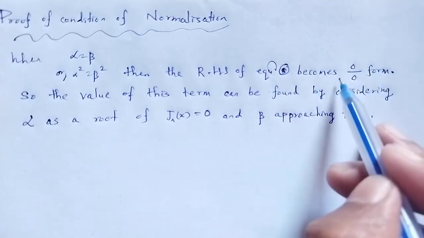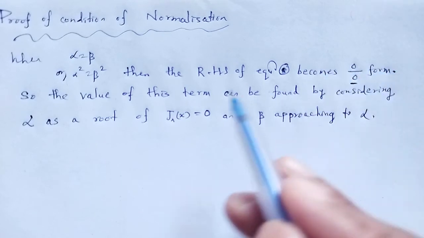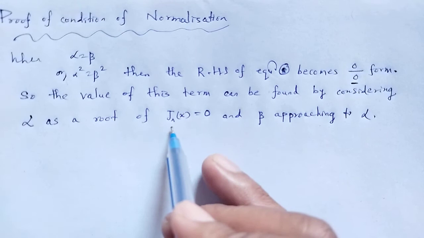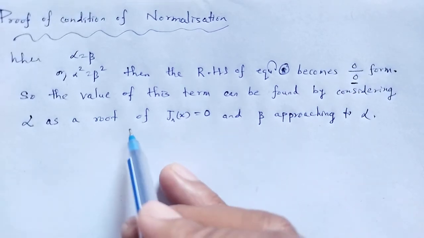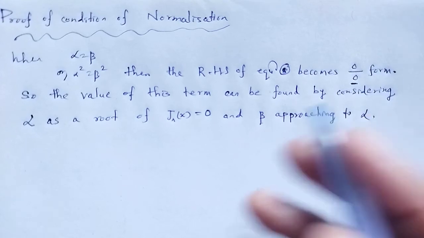Since the term is in the form 0 by 0, to get that value we have to introduce Jn of x is equal to 0 as alpha is one of its roots and beta approaching alpha.